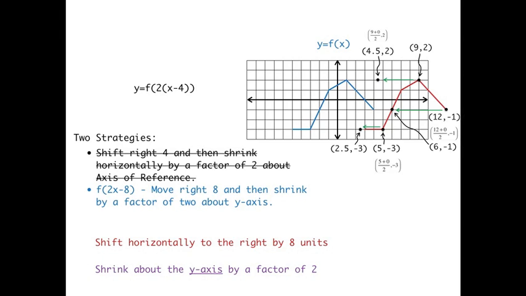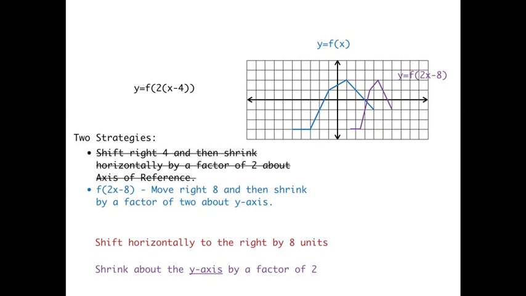And again, we can imagine doing this with every point on our graph, and we get something that looks like this. This should look familiar. This is a function that gets moved to the right 8 and scaled over the y-axis by a factor of 2. And if we bring our function from the previous slide down, we see that they're identical. So both of these strategies work for our graphed functions.